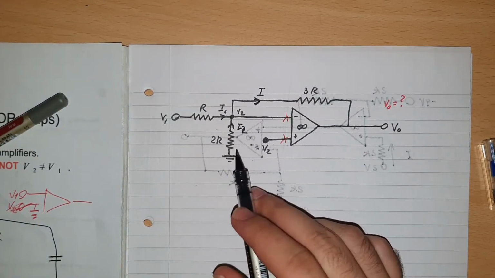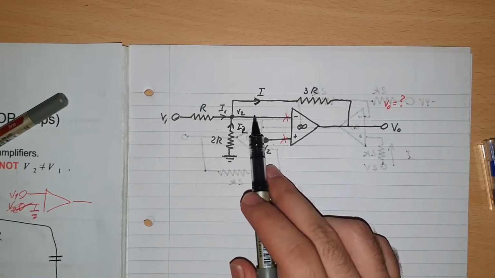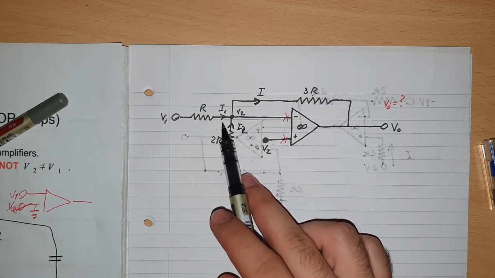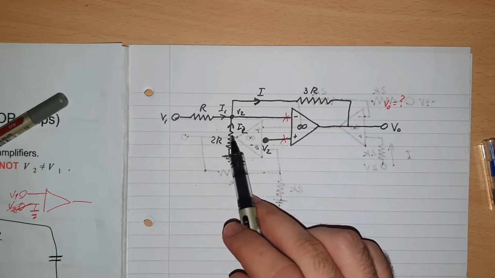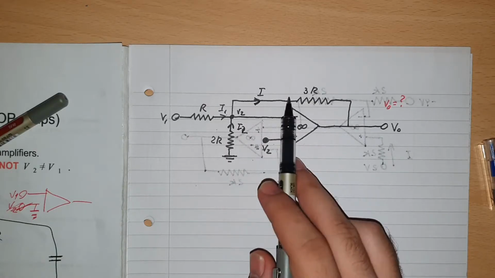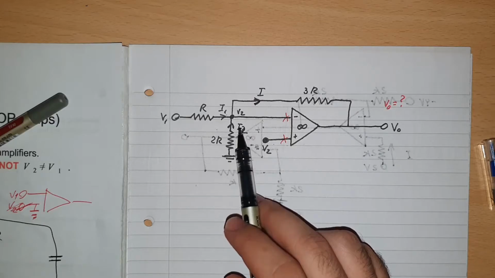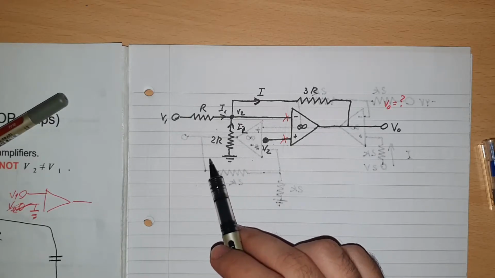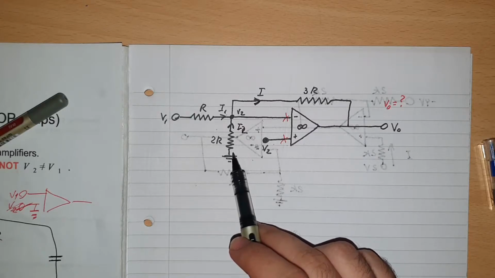Okay, now, no wait. Is it like that? So V1 minus V2 over R. Yeah, just give me a second, because it doesn't really make a lot of logical sense.